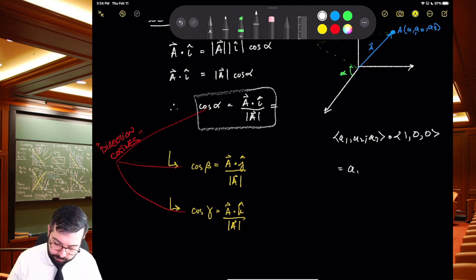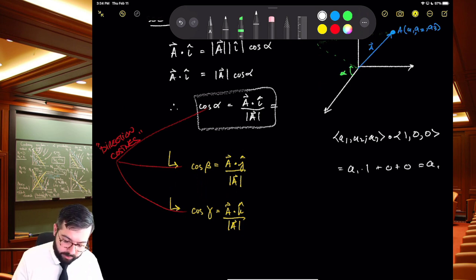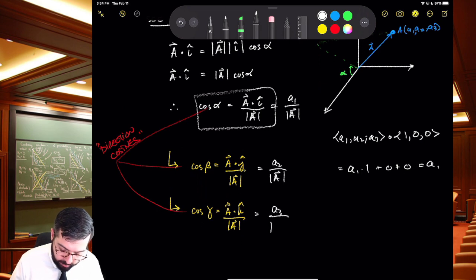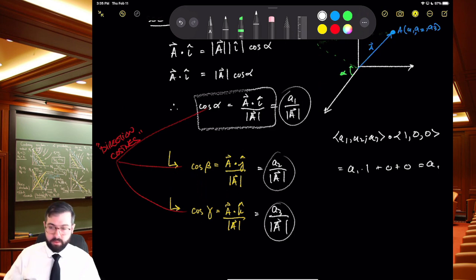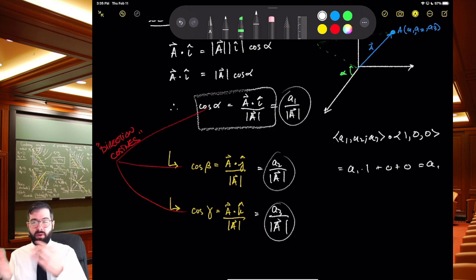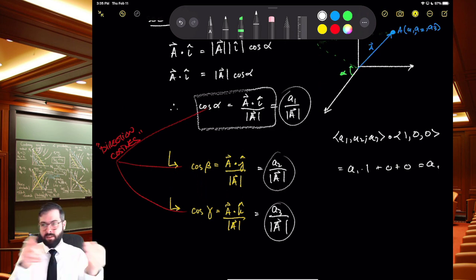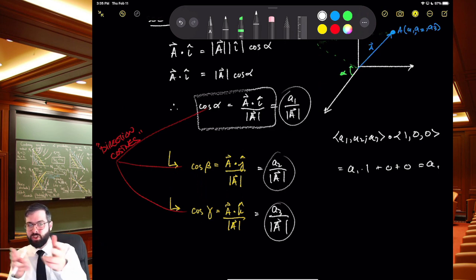I'm going to be left with A1 times 1 plus 0 plus 0. So we just get left with A1. So you could really simplify this to be A1 over the magnitude of A, A2 over the magnitude of A, A3 over the magnitude of A. Quite a lot simpler. The z component divided by, or scaled down by, the magnitude of the whole vector, that's the cosine, that's the scooch in that direction of the angle that it forms with that axis.